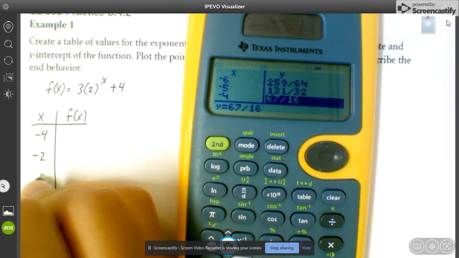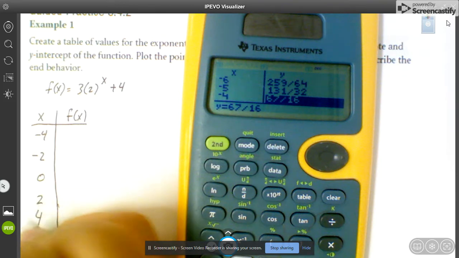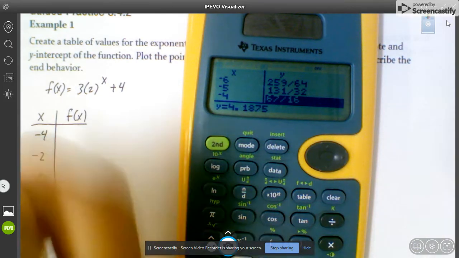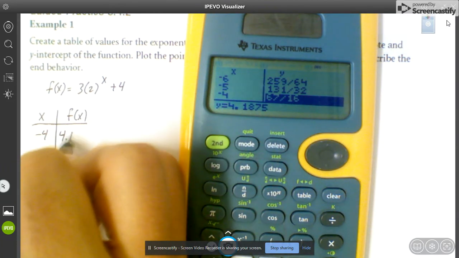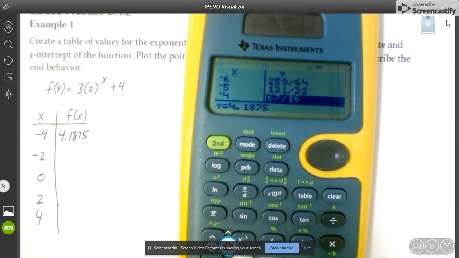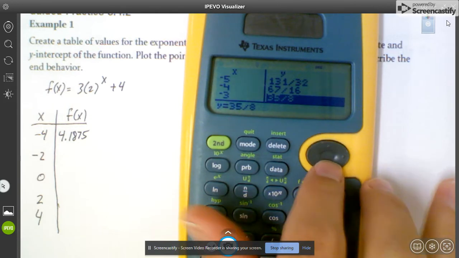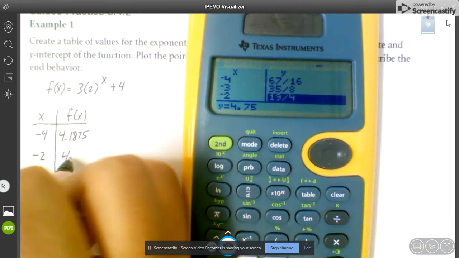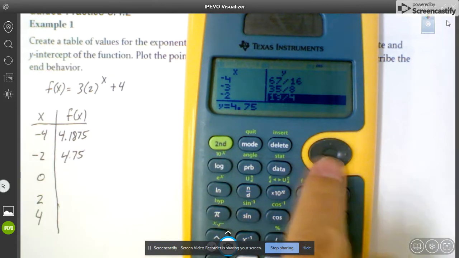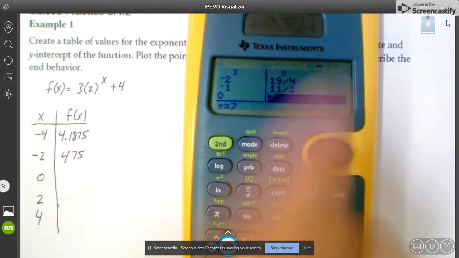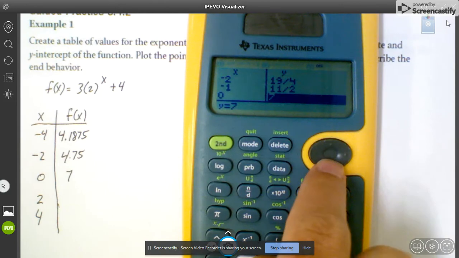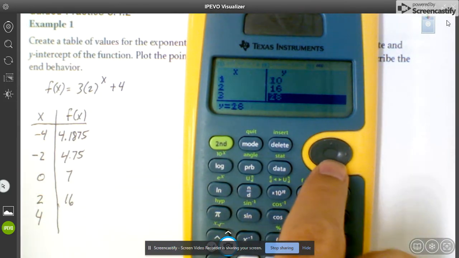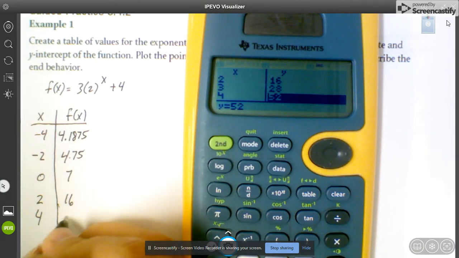So -4 is 4.1875. -2 is 4.75. 0 is 7. 2 is 16. And 4 is 52.